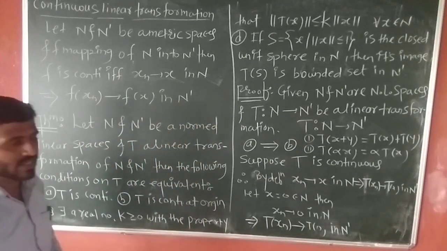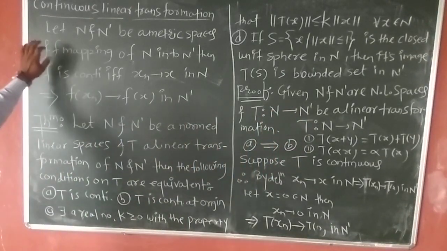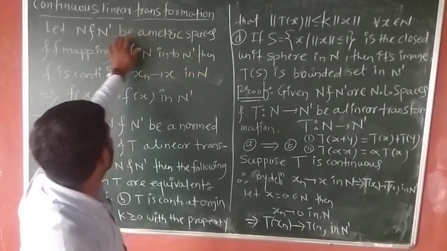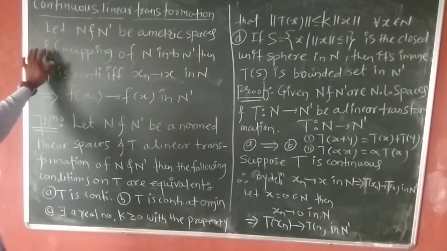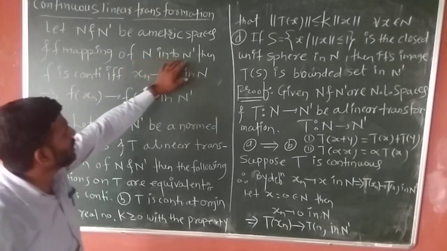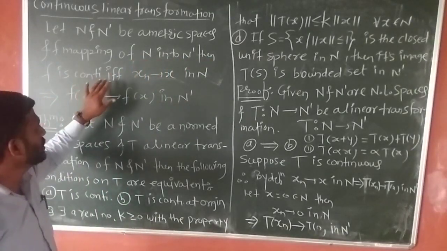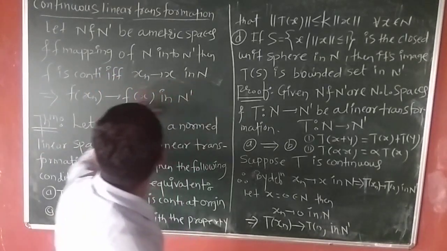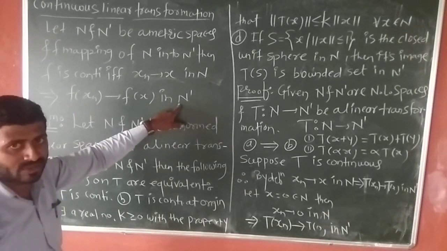Now when do we say that this transformation is a continuous linear transformation? Here is the definition of continuity. Let N and N dash be metric spaces, and f be a mapping of N into N dash. Then f is continuous if and only if x_n tends to x in N implies that f of x_n tends to f of x in N dash.